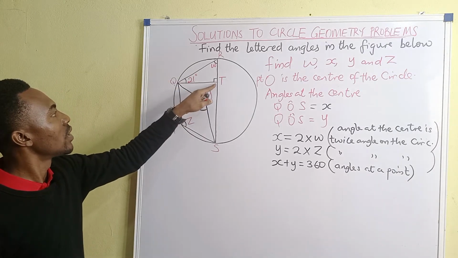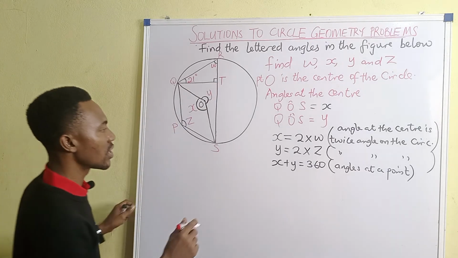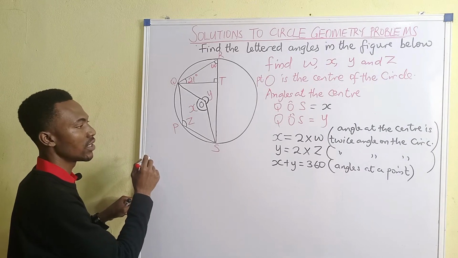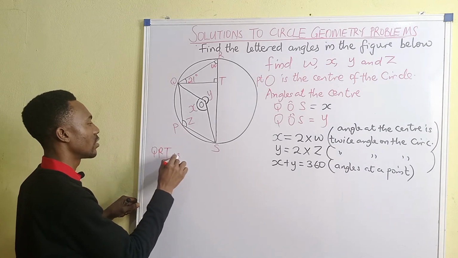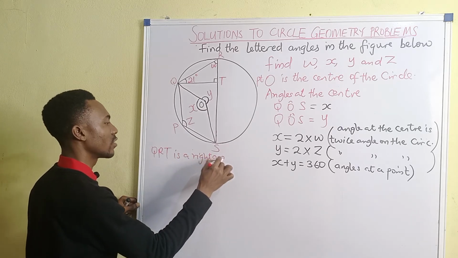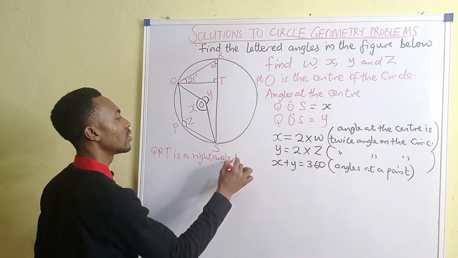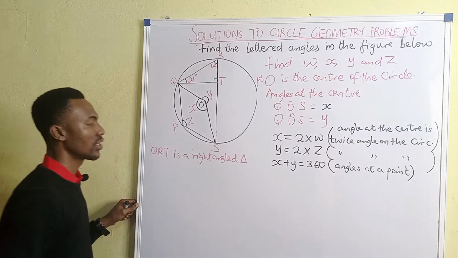And that triangle is right angled at T. So what do you say? Take it here. QRT is a right angled triangle. I need to use this shape as a triangle.